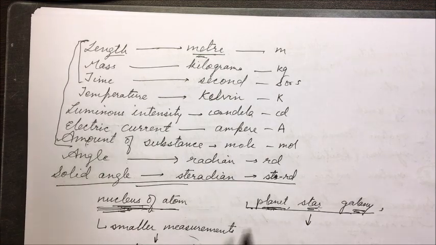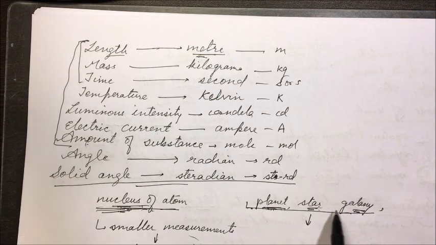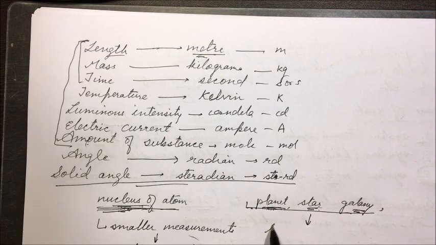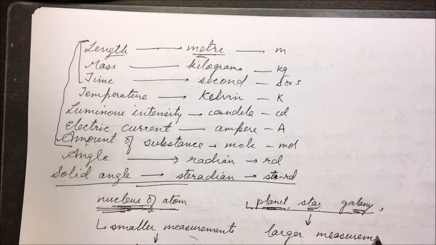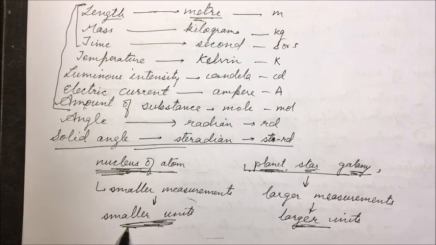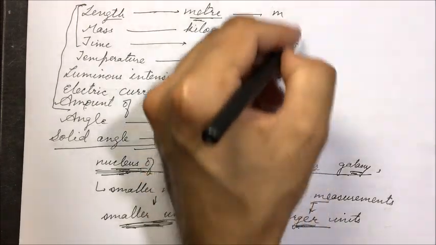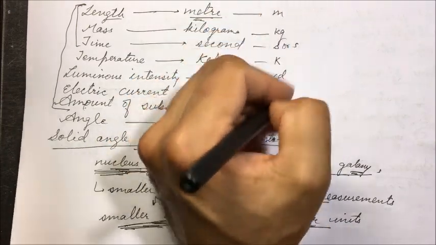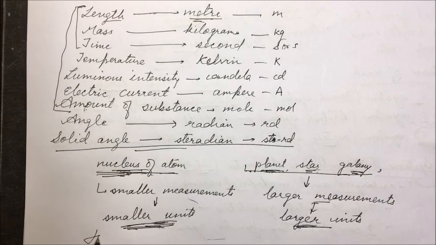For larger measurements, we require larger units. So for smaller measurements, smaller units are used. For larger measurements, larger units are used, and these are related to the fundamental units.